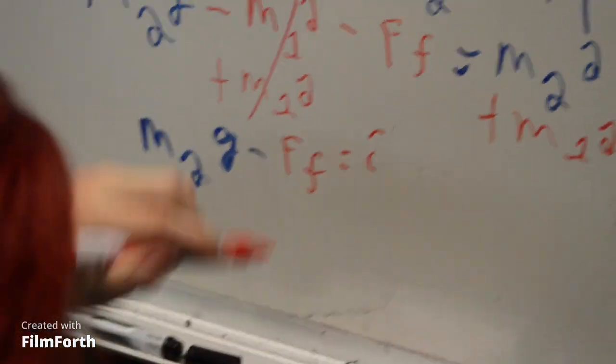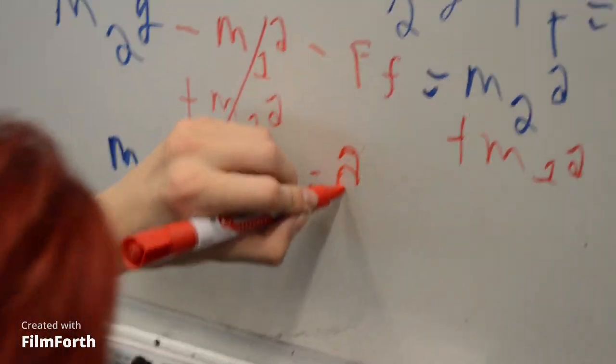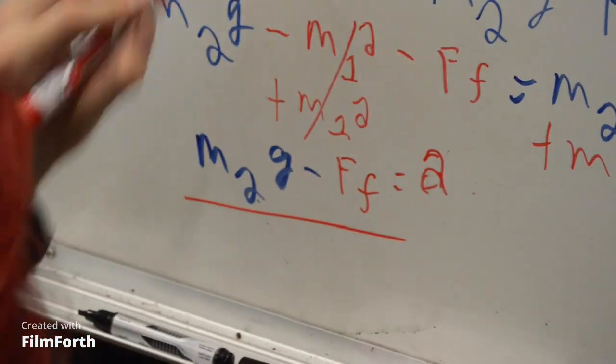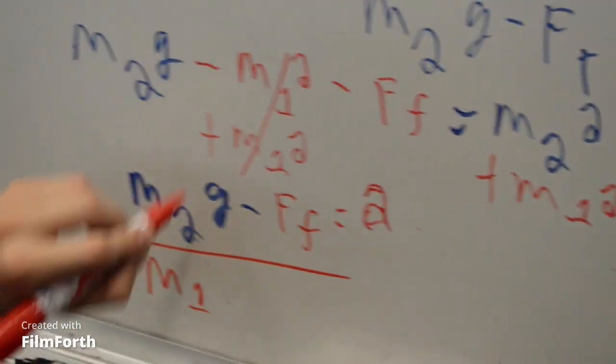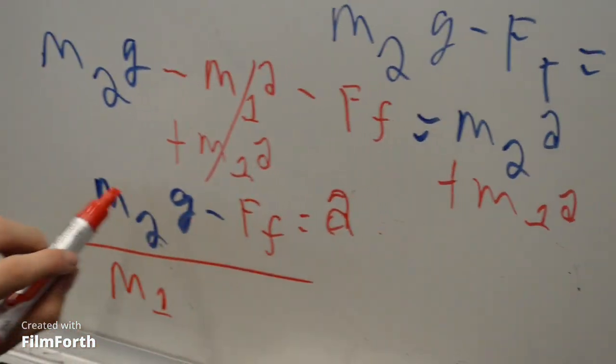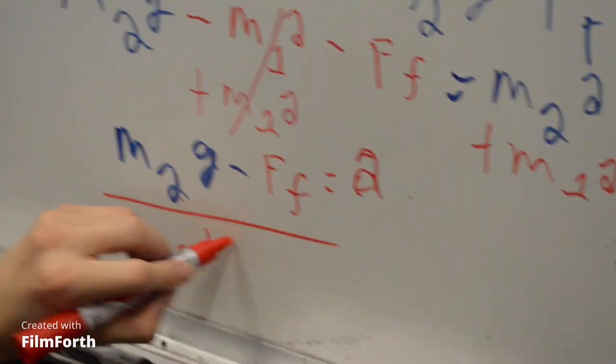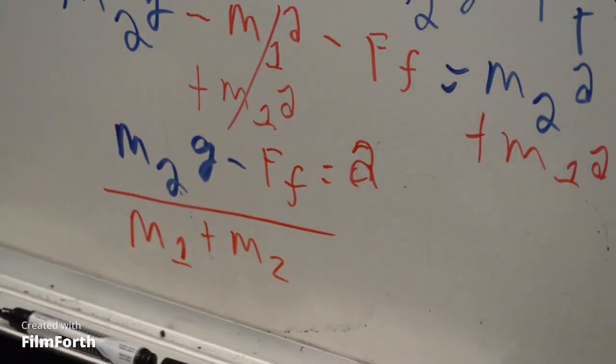Divide both sides by M1 plus M2, in brackets. You will get that the acceleration now equals the weight of the second mass minus friction, the difference between those two, divided by the sum of the masses in the system.